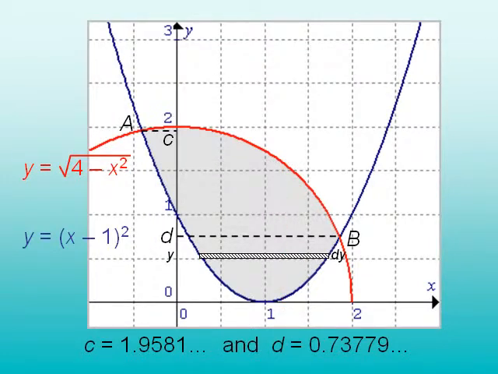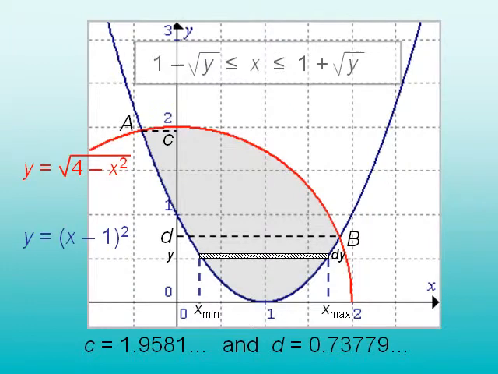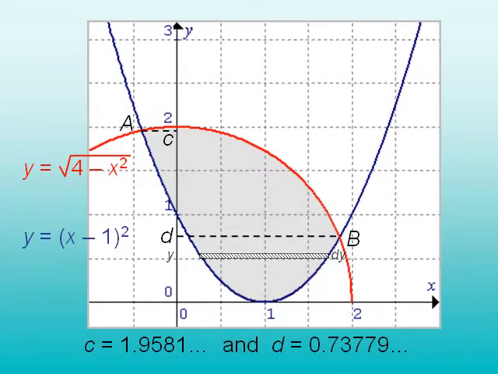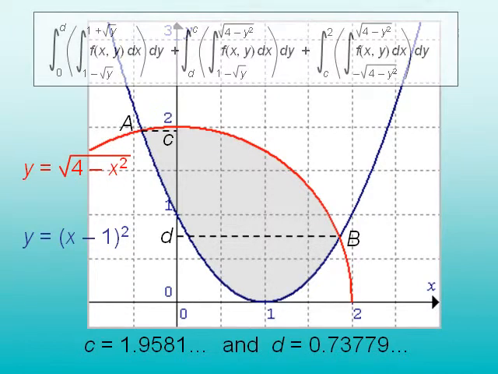And finally, if y is below D, then the minimum and maximum values of x are determined entirely by the parabola, the blue curve. In this case, we would have x between 1 minus the square root of y and 1 plus the square root of y. Putting this all together, we can now write the integral as the sum of three double integrals like this.